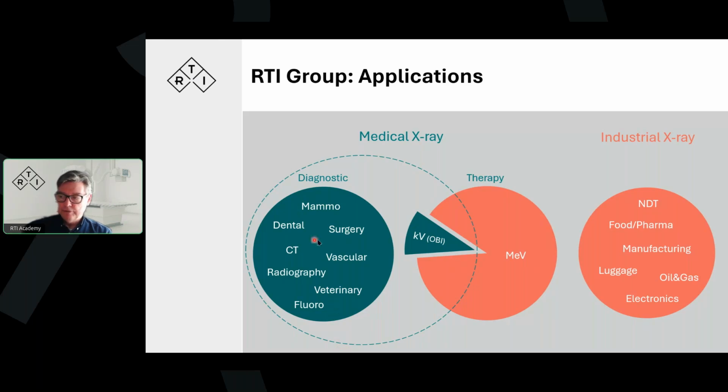So mammo, surgery, vascular, rad, fluoro, vet, CT, dental, DEXA also, although it's not an imaging technology, but we do work with DEXA, the bone densitometry machines as well.